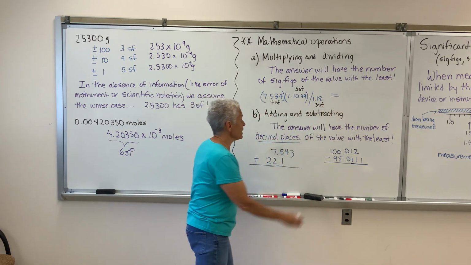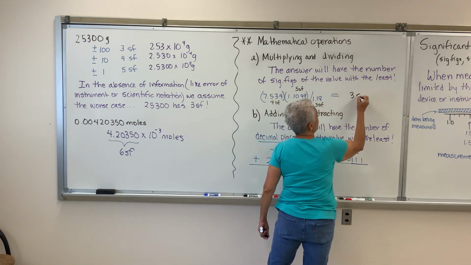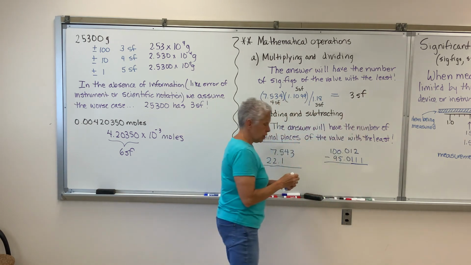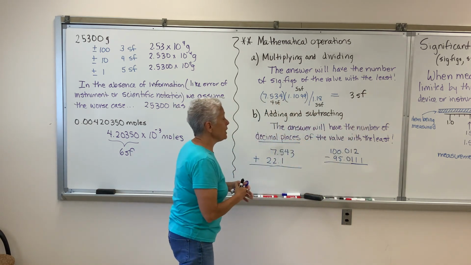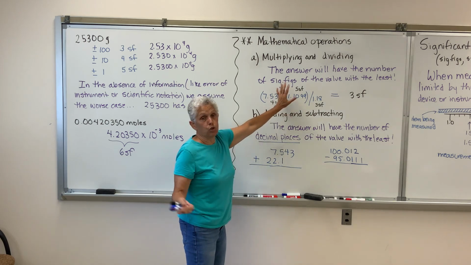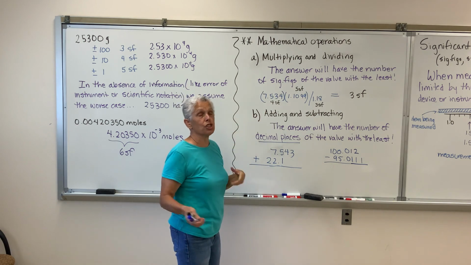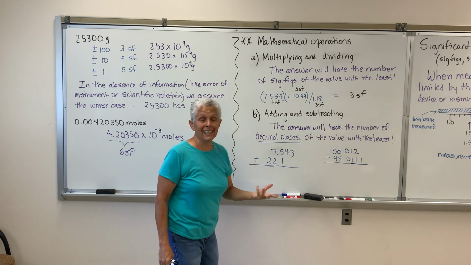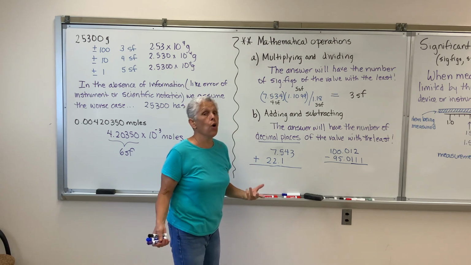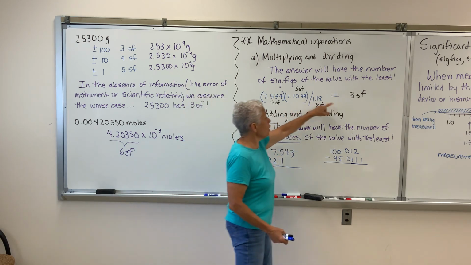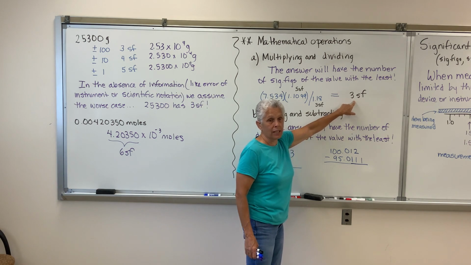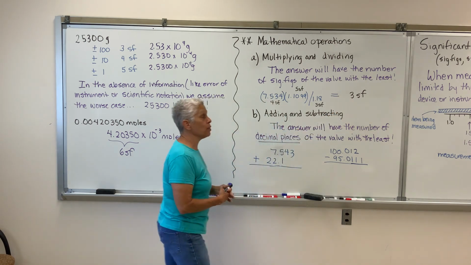Whoever has the least, your answer gets reported to 3 SF. Your calculator is going to give you 8 digits, because it doesn't know how to do this. You are the one who's going to have to write down the number to the correct number of significant digits.